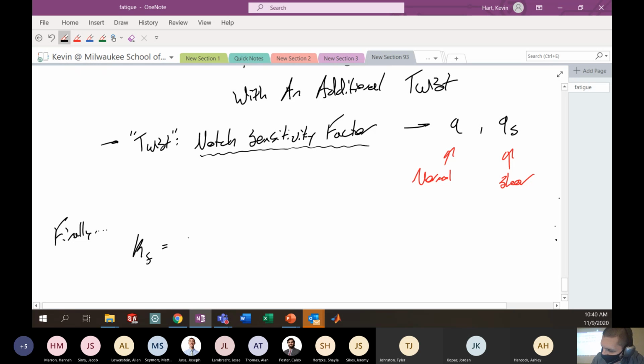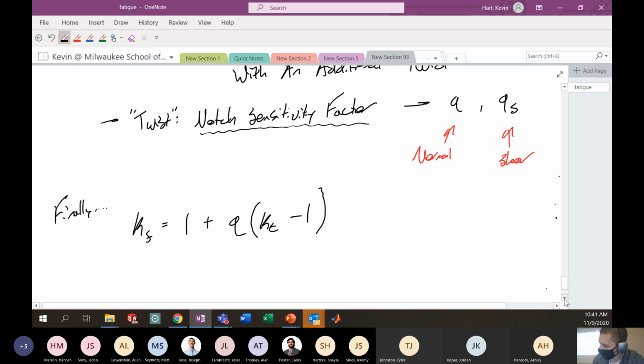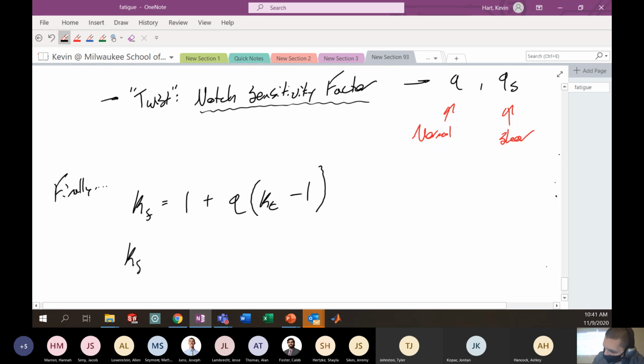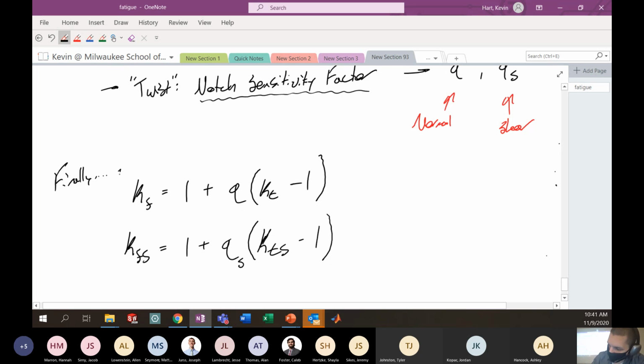The fatigue concentration factor is KF = 1 + Q times (KT - 1). And KFS = 1 + QS times (KTS - 1). These are how we calculate fatigue stress concentration factors.